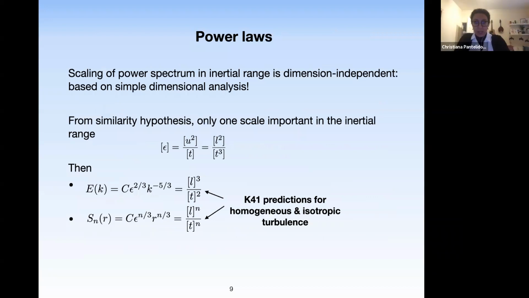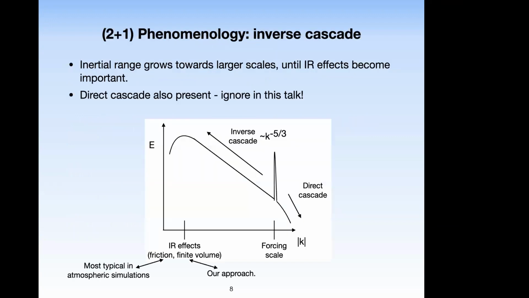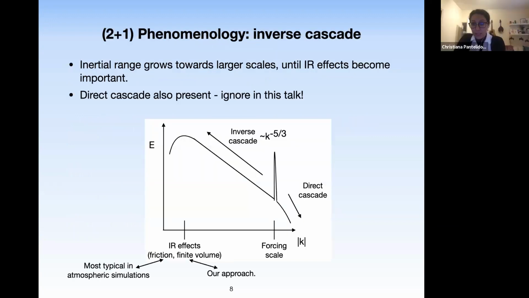Okay. So this is the argument that says that the power would always be k to the minus 5/3, irrespective of the number of dimensions. And then, what was the second part of the question? Entropy, yes. So here there is this direct cascade.